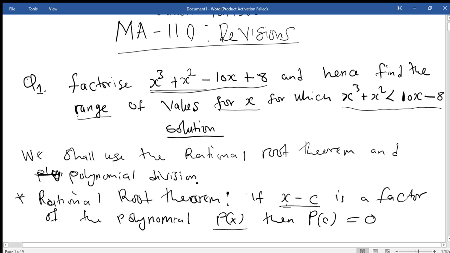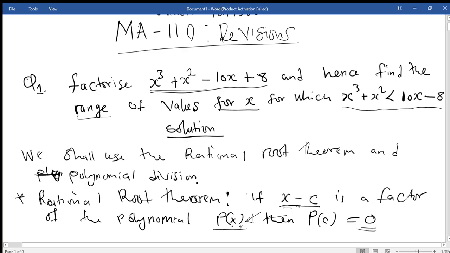This can only be a factor of the polynomial p of x if, when we evaluate for x in this expression, we have the value of c. So when we set that c in this polynomial, the answer should give us a 0. That's the only way we can say that this is a factor of a given polynomial. That's what we say under the rational root theorem.